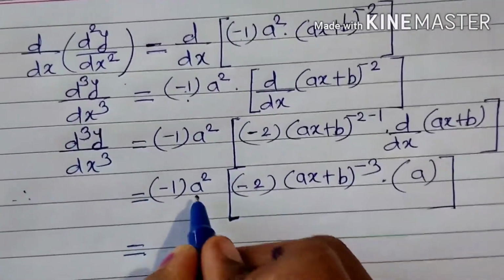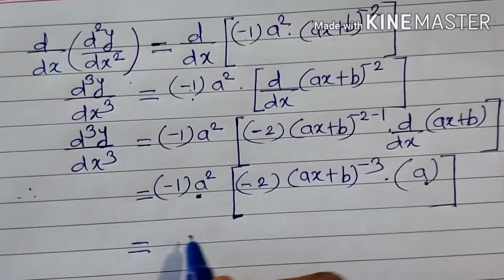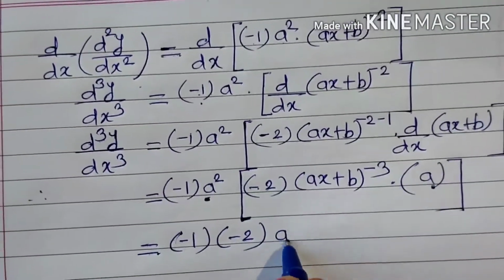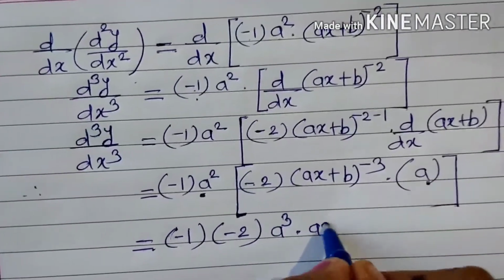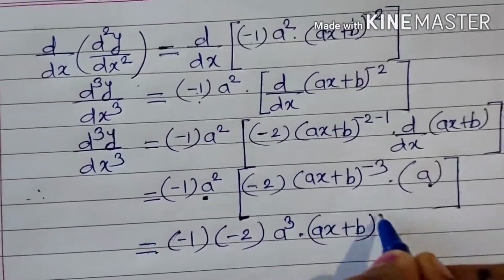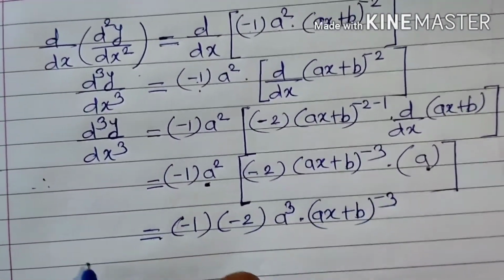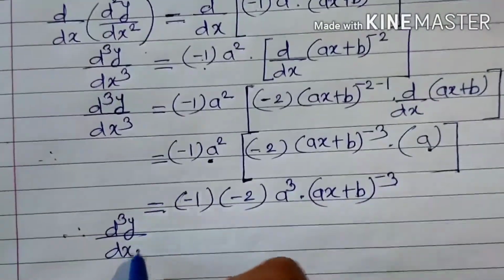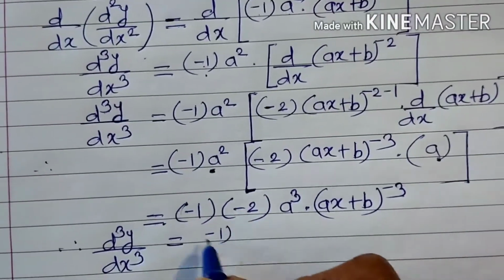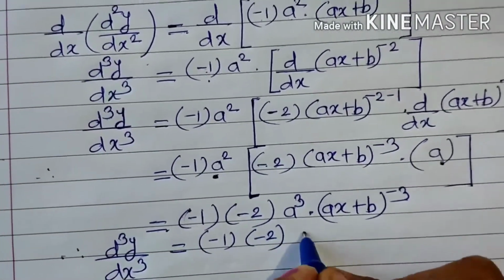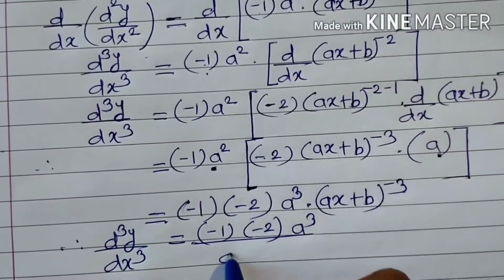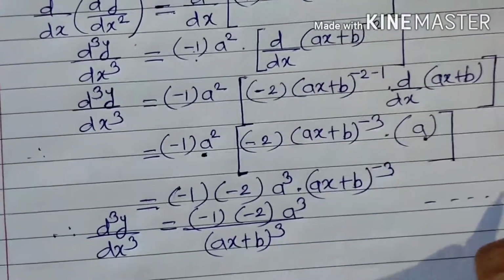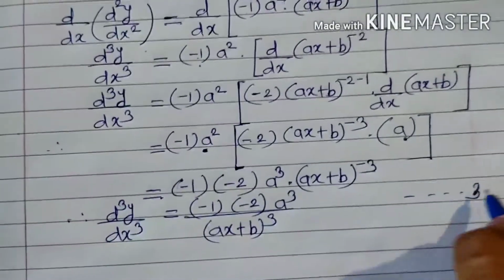So now you can observe a square into a square is a cube. So here minus 1 into minus 2 into a cube into ax plus b raised to minus 3. Therefore d cube y upon dx cube is equal to minus 1 into minus 2 into a cube upon ax plus b cube. Give it equation 3rd.